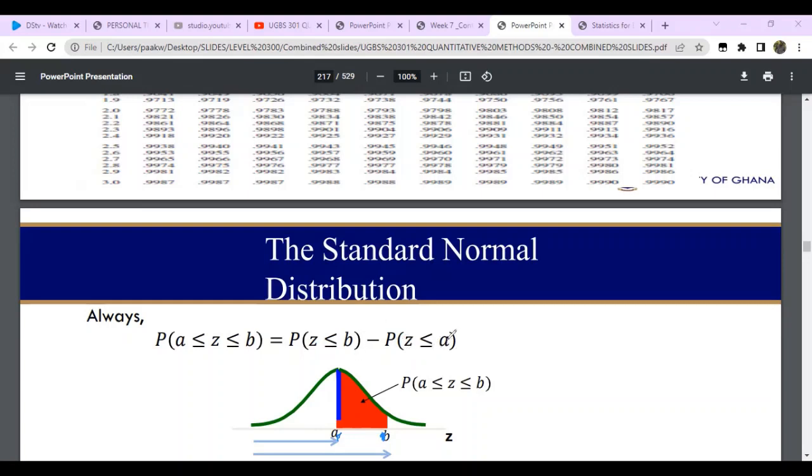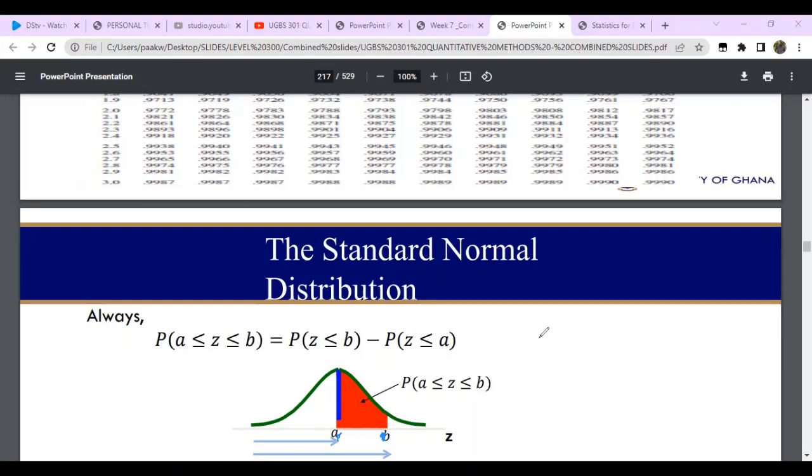A. So you first solve for the probability that Z is less than or equal to the biggest one minus the probability that Z is less than or equal to what? The smaller one. That will give you the answer between these two.